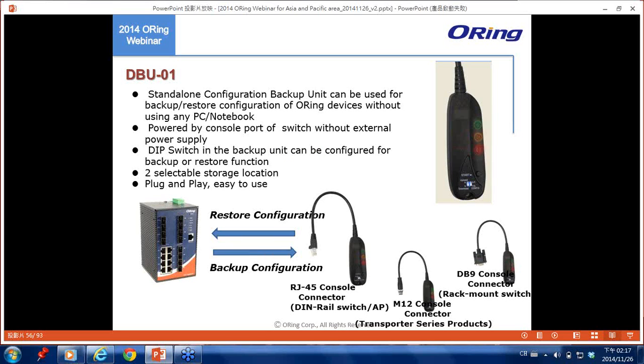Because we have different devices with RJ45, M12 and DB9 connectors. For this DBU01 data backup unit, we can store two types of configuration, and you can easily do the upload and download by the DIP switch.